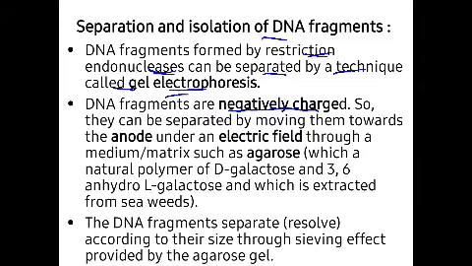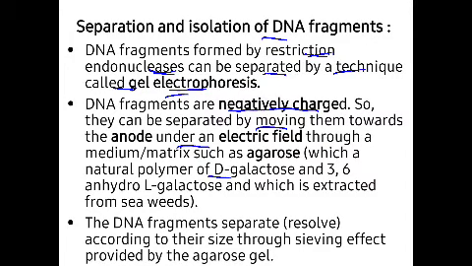Okay, now this negatively charged DNA we can separate by moving it towards an anode under the electric field through a medium matrix such as agarose, which is a natural polymer of D-galactose and 3,6-anhydrogalactose, and which is extracted from seaweeds. Now the DNA fragments that we first cut have to be placed in a certain plate of medium called agarose gel.